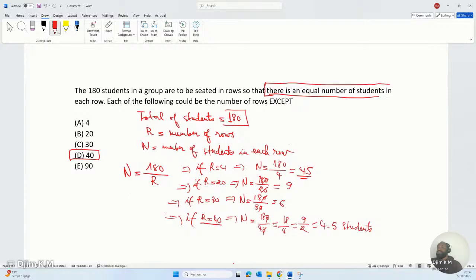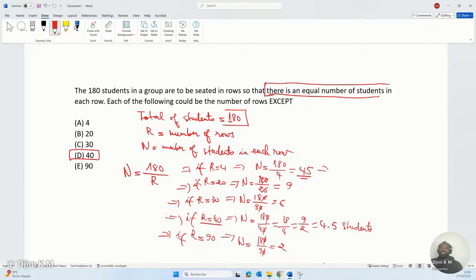But if you want to continue testing, for the last one here, if r, the number of rows, is 90, we will see that it will also give us an integer value. This will be equal to 18 divided by 9, which is equal to 2.